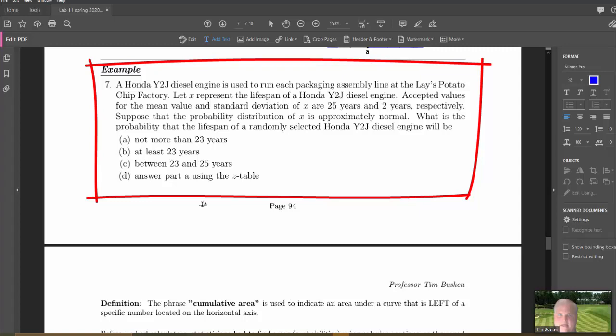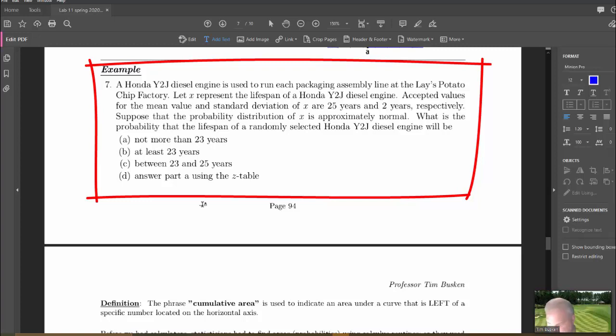Accepted values for the mean and standard deviation are 25 years and 2 years respectively. Suppose that the probability distribution of x is normal. In question A, what is the probability that the lifespan of a randomly selected motor will be not more than 23 years? In B, at least 23 years, and in C, between 23 and 25 years.